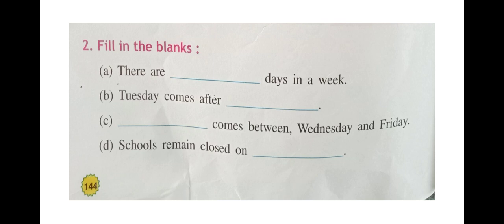Now let us go to the main chapter. The picture of a clock is shown here. Alright children, so here I will explain. You already know it, but let me again make your memory fresh. This is a clock, and in a clock, numbers from 1 to 12 are written.